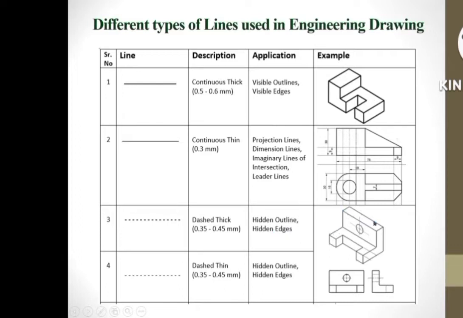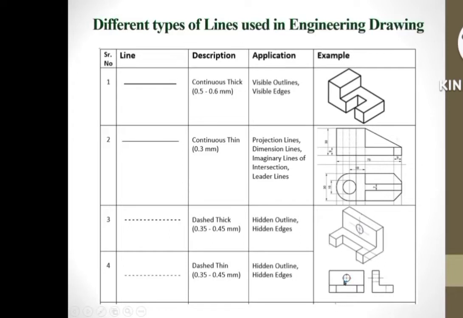In this machine component, we can see there is a hole present here and a slot present here. When we look from the side view, this slot is hidden. Whereas when we look from the top view, this hole is hidden. So anything hidden is shown as dotted lines or dashed lines.